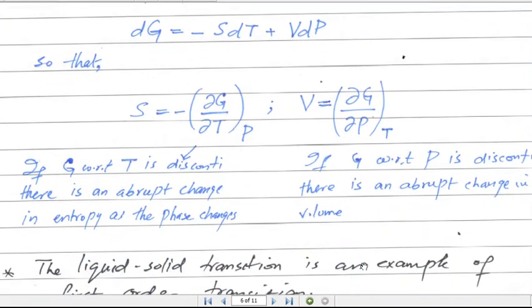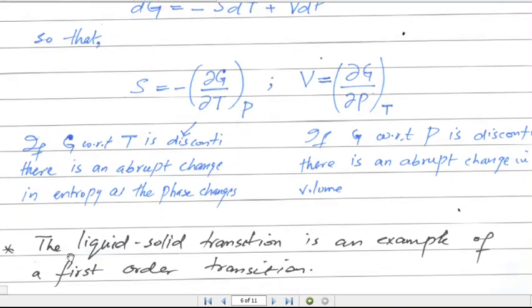So at the phase transition, if the derivative of G with respect to T is discontinuous, there is an abrupt change in the entropy of the system as the phase changes. And also, if the derivative of G with respect to P is discontinuous, there is an abrupt change in volume at the phase transition. That is, if we go from one phase to the other, there will be an abrupt change in the volume of the system.